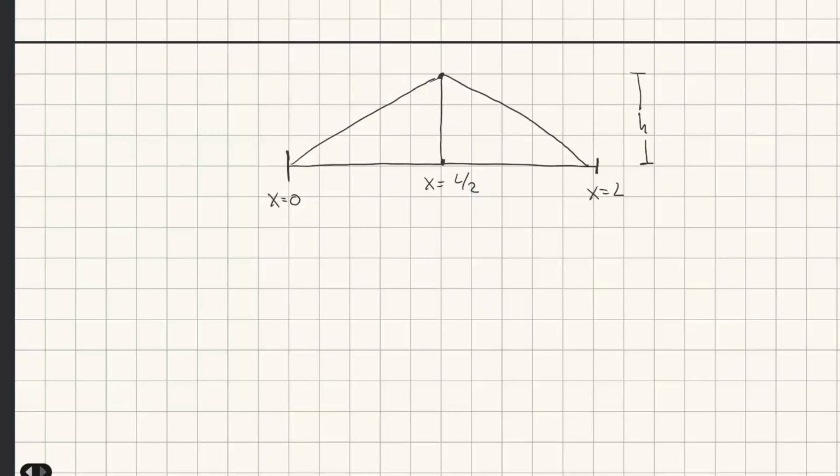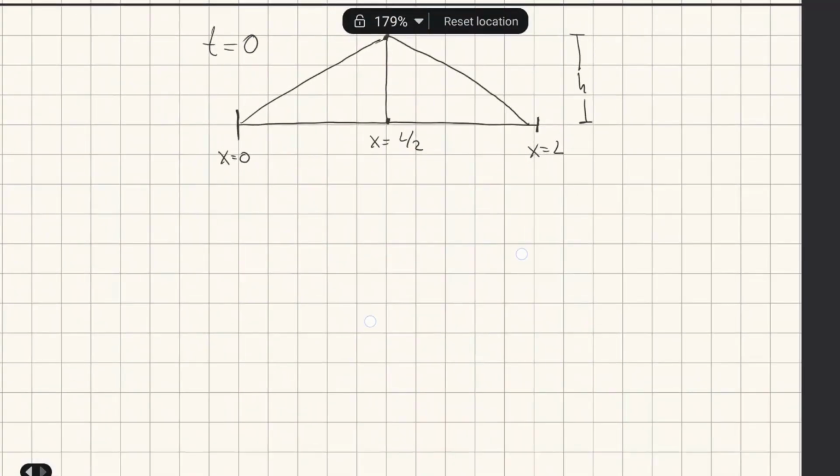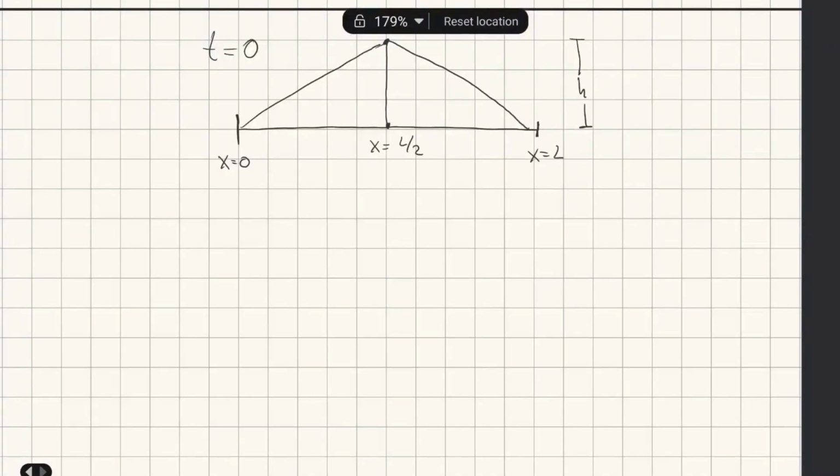Okay, so what we want to do is to establish some equation of x that will tell us the displacement of the string at time t equals 0, right? So this is at t equals 0. As you can see easily, this is just a straight line, so we are going to use the very famous equation to describe straight lines.